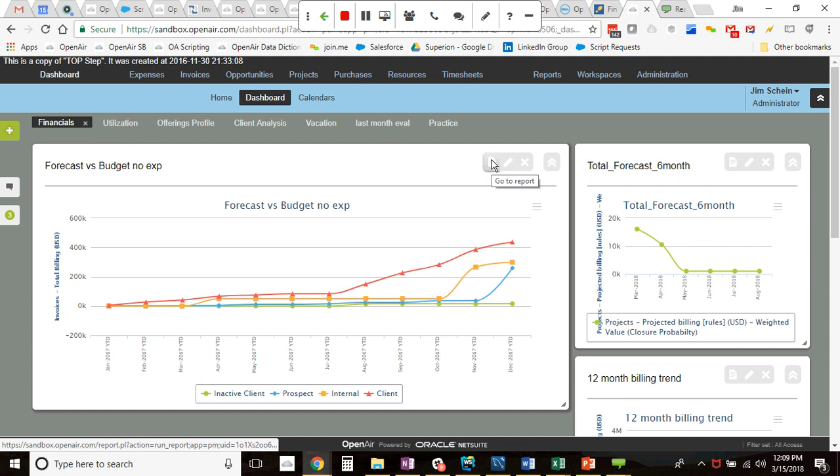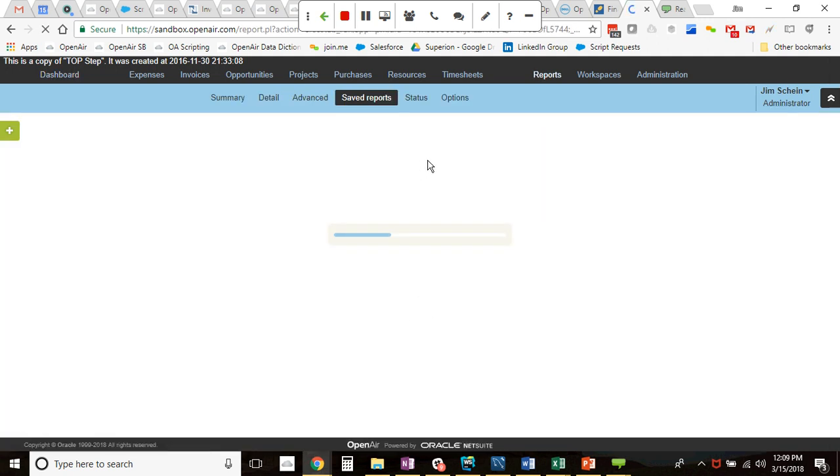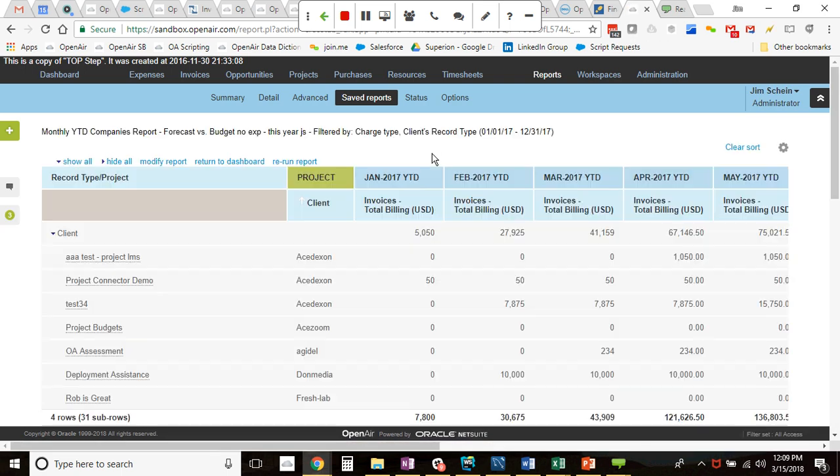I'm going to go ahead and click this chart that lets me go to the actual report that is producing this data. What you'll see here is the tabular version of that graph. A bunch of clients listed here, projects and clients, as well as the numbers for 2017 that we're calling invoices total billing.